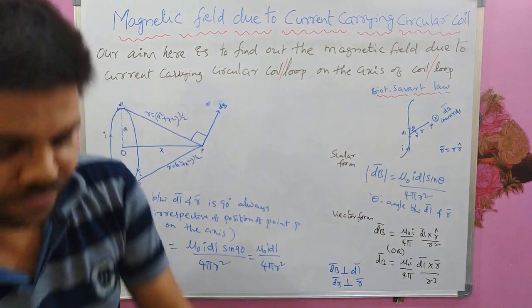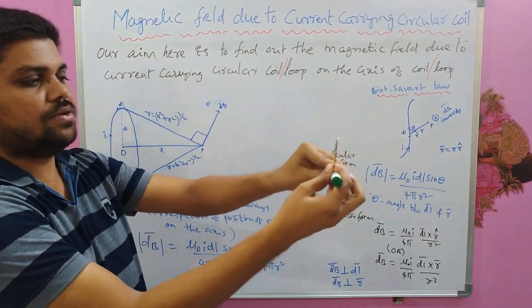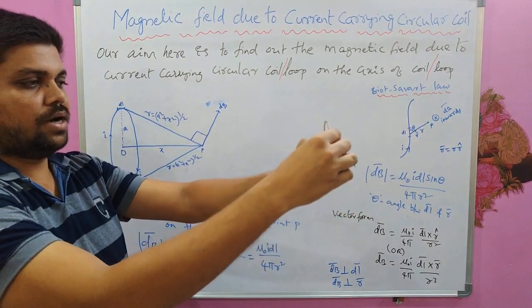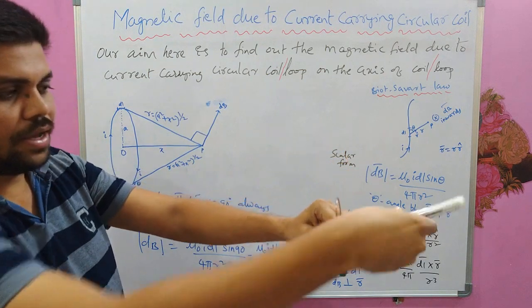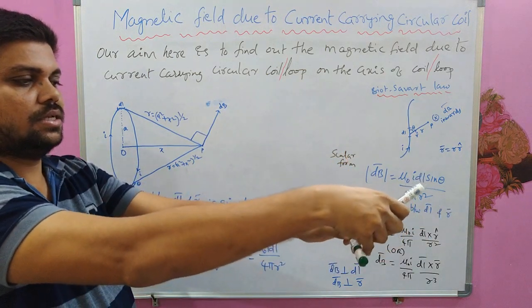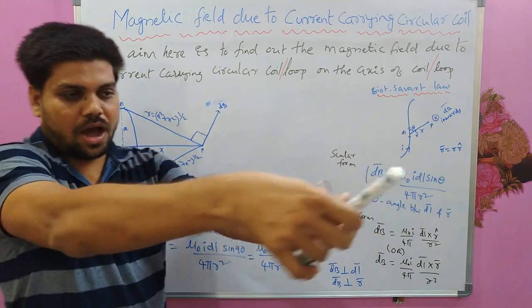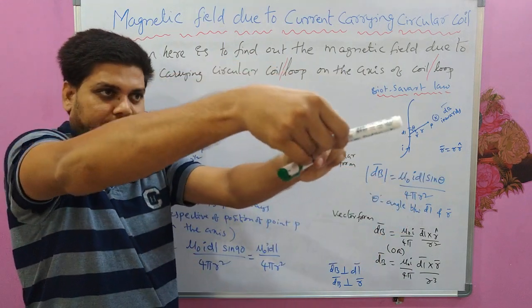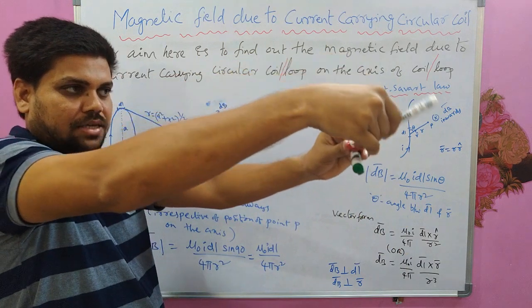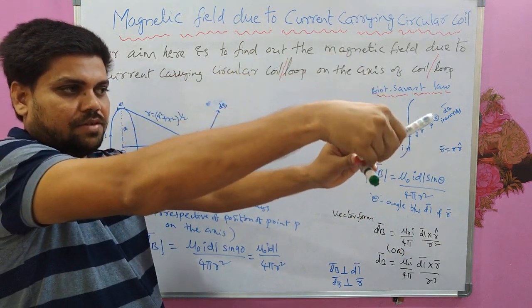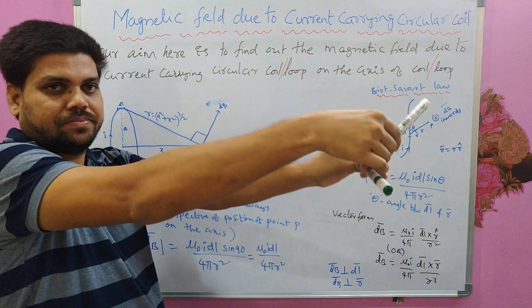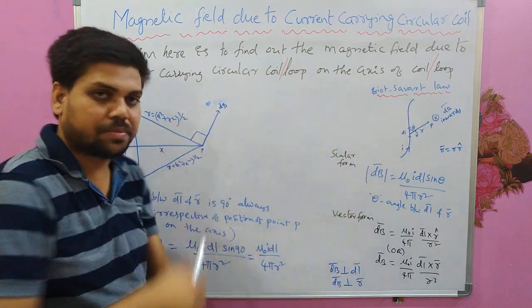You can see this. This is dl now, which is the bottom of the circular coil, and this is r. And between r and dl it is always 90 degrees wherever the P lies on the axis. It's always 90 degrees between both, just like here I have explained.